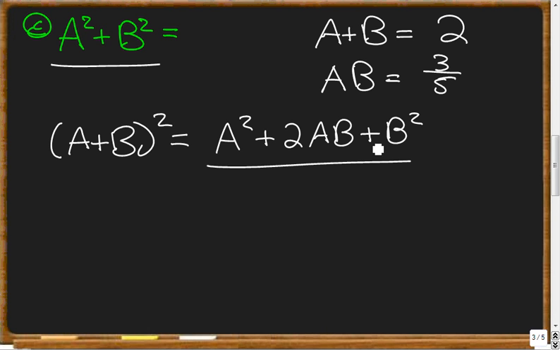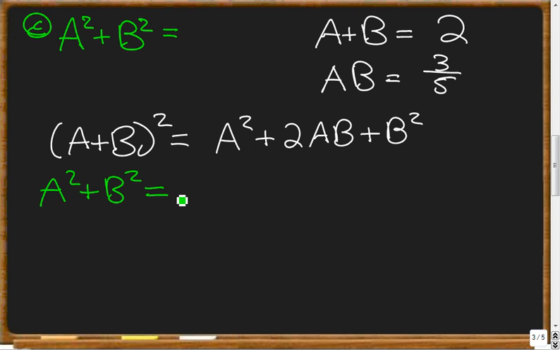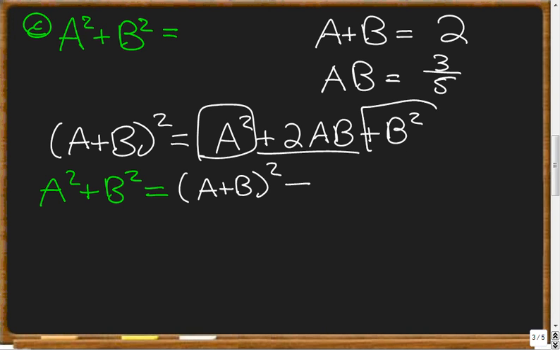See how similar these are? So, in order to find a squared plus b squared, what we can do is we can say, well, that's the same thing as a plus b, quantity squared, minus this part, right? Because then we're just left with our a squared plus b squared.